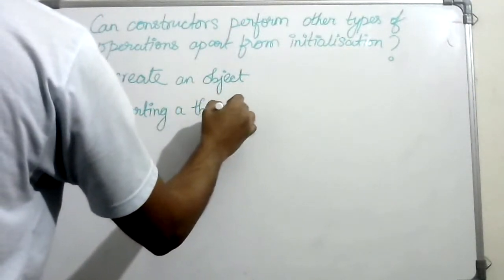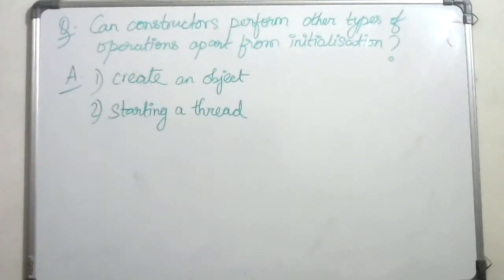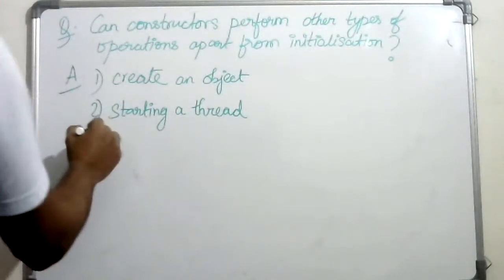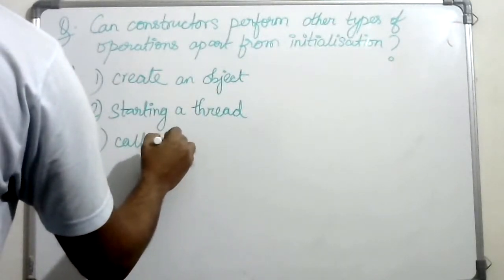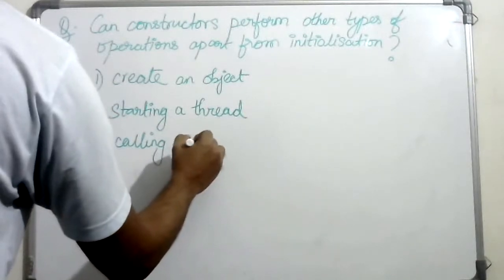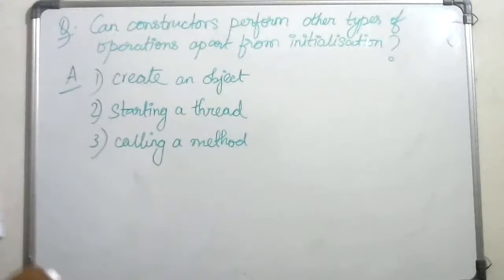Starting a thread, this is obviously something that you do not know as of now, but just to let you know what can be done. You can call a method inside a constructor. So let's say you have a method that is defined in the class.